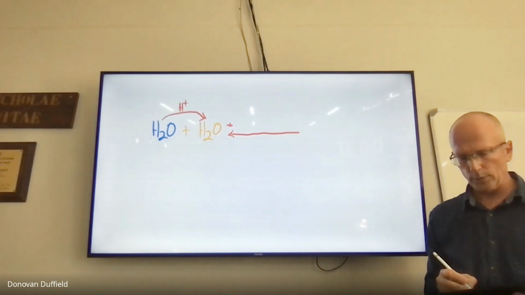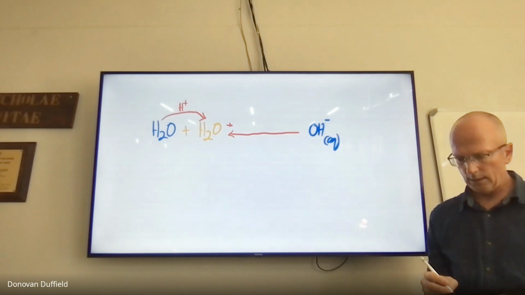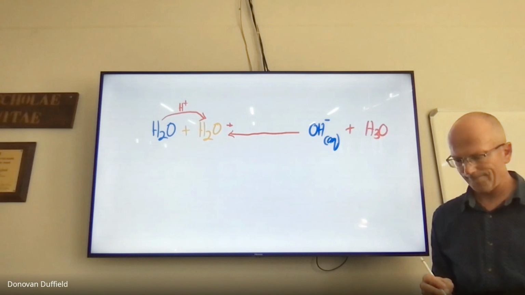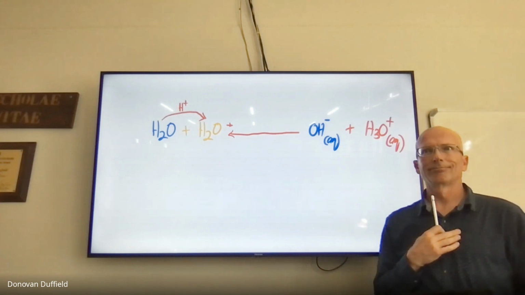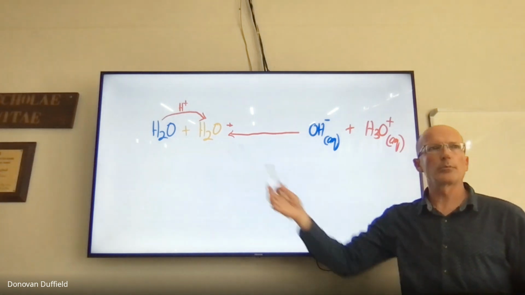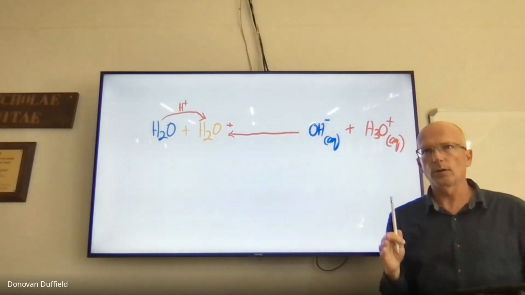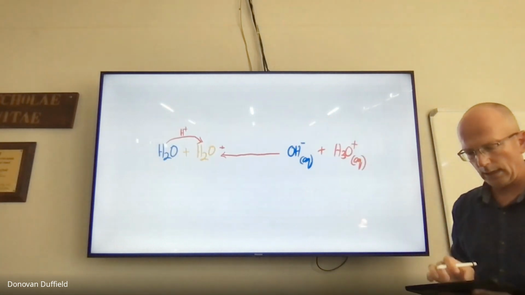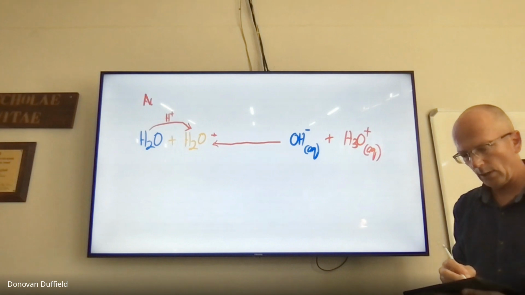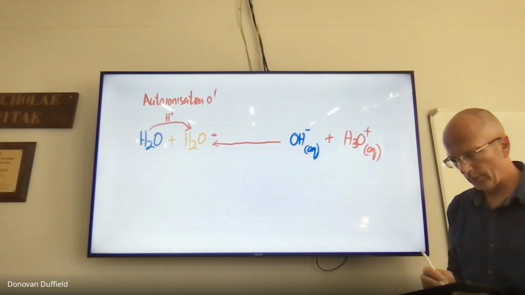In doing so, it produces a hydroxide ion and a hydronium ion in equal concentration. So therefore, it's going to be neutral. We're okay with that? So this is known as the auto-ionization of water.